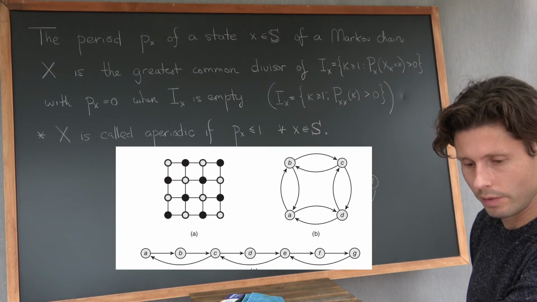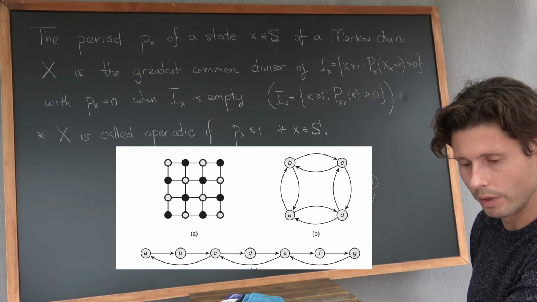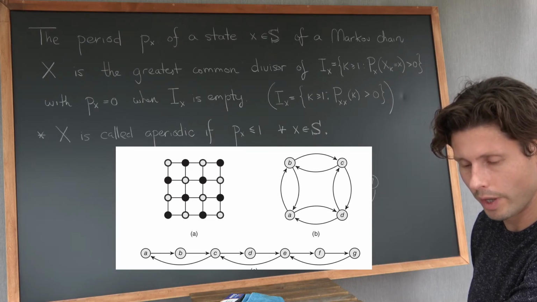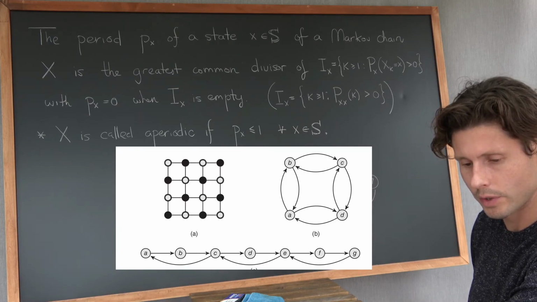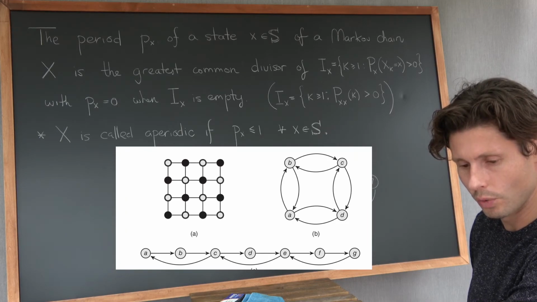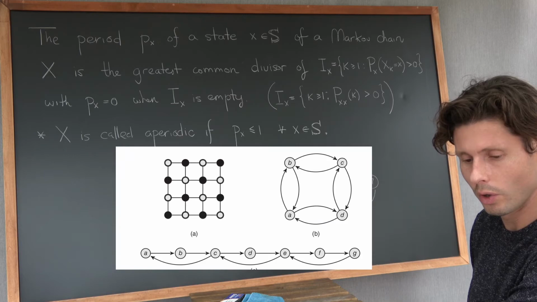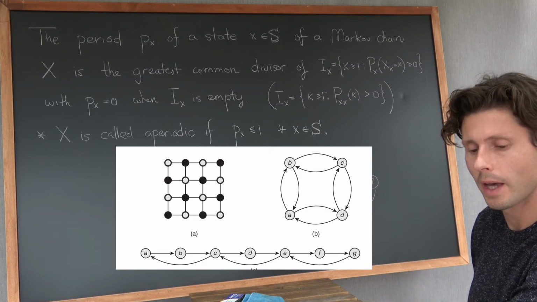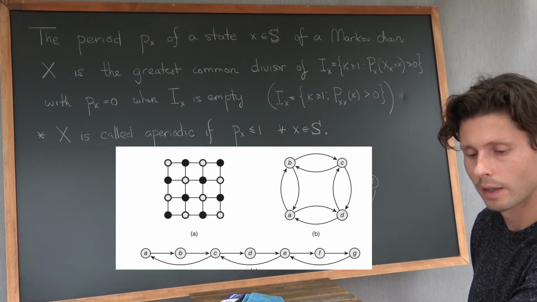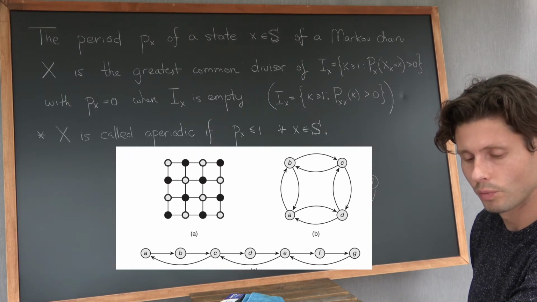You can also, if you want to think through some other examples, A and B both have period 2, as I see it. So I think the answer in figure A has got to be period 2, even though again you're not always going to return after 2 steps, but you're going to return in a multiple of 2. And so the period of all states there is 2.